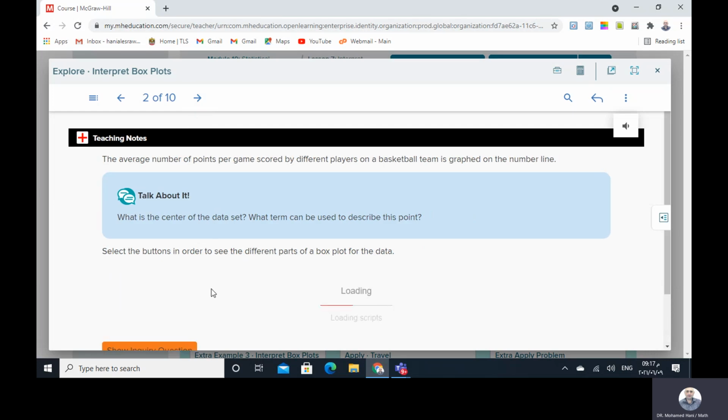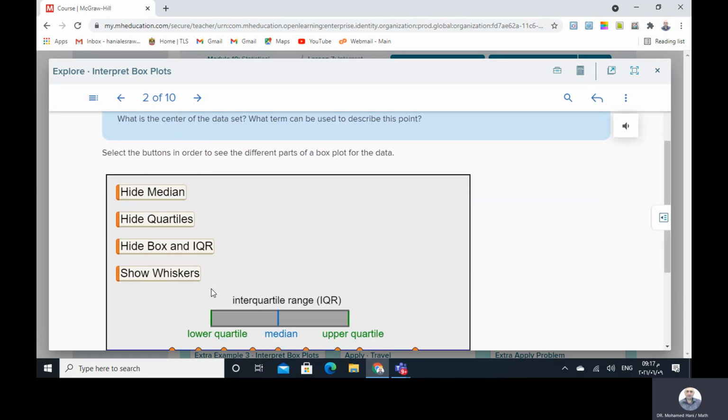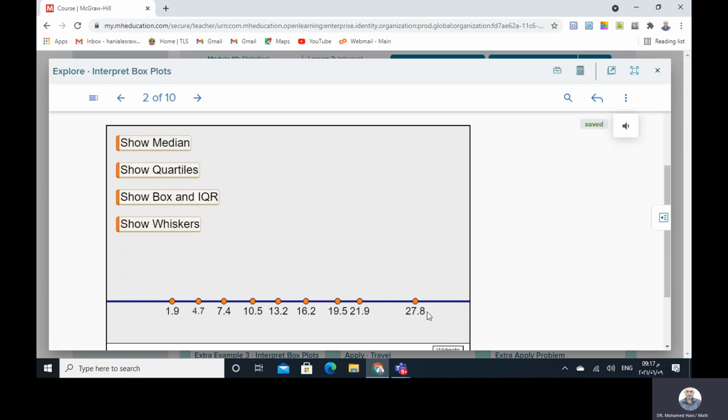The average number of points per game scored by different players on a basketball team is graphed on the number line. Here we have the number line, and here we have the data.